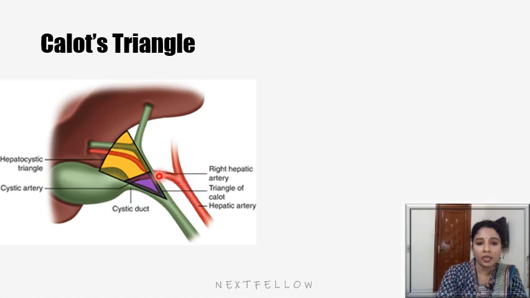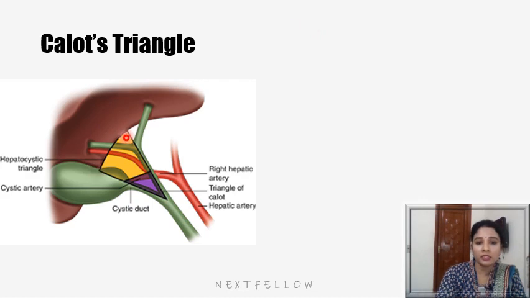We can see one artery here supplying the gallbladder, called the cystic artery. Because of this cystic artery, this small triangle is formed, and this whole thing is now considered Calot's triangle. Its orientation is such that its apex is directed at the liver.